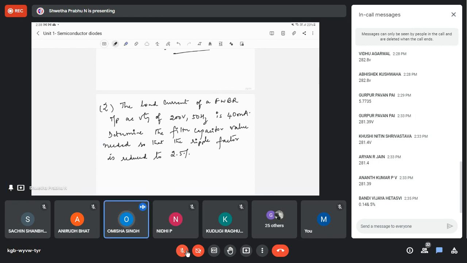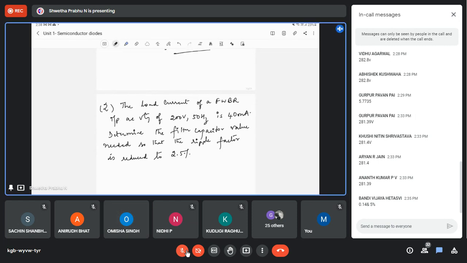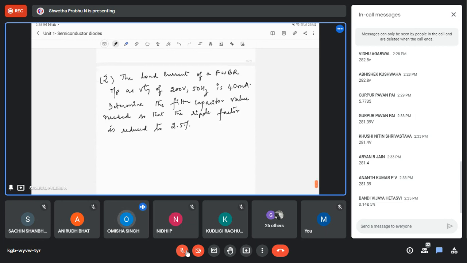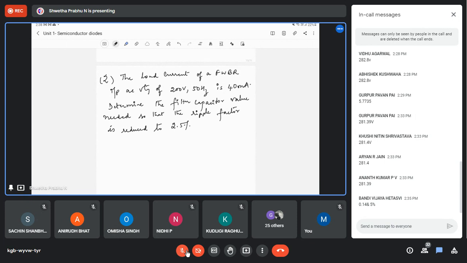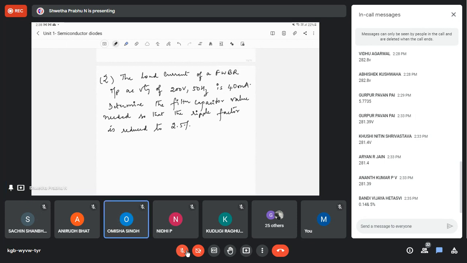Ma'am, if the frequency is not given in the question, we take it as 50, right? 50 hertz. Correct. Here they have given, right? Yes, ma'am. If they haven't given, then take it as 50 hertz. Okay, ma'am.